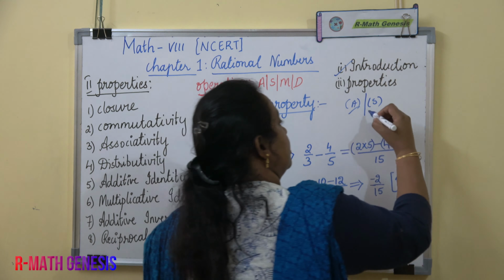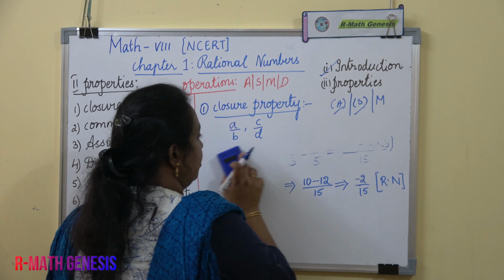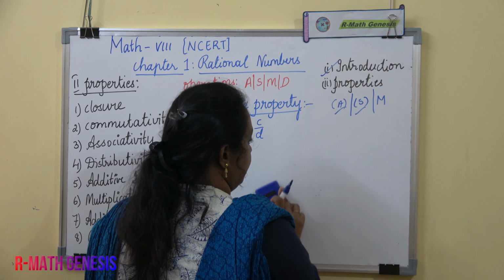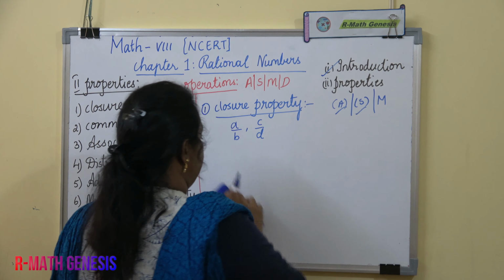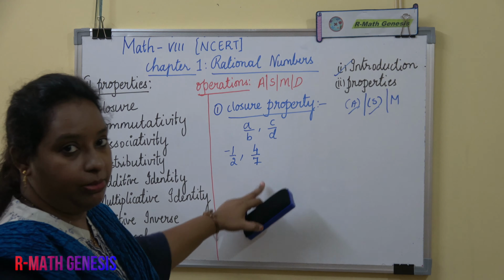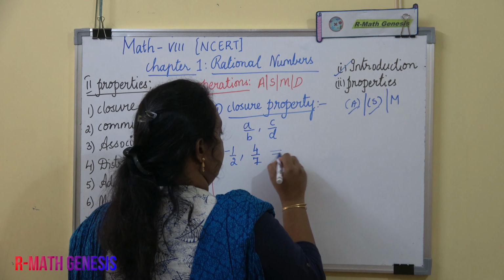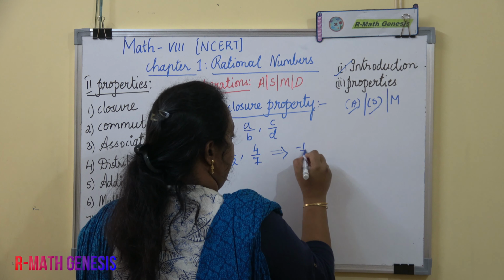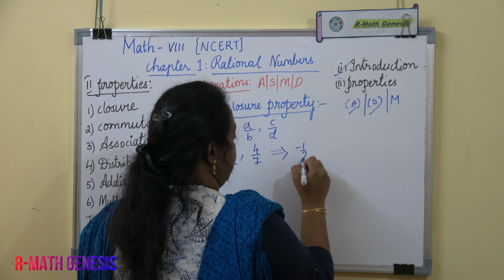Now we'll check with multiplication. This time let me check some different numbers. For example, I'll take minus 1 by 2 and 4 by 7. I'll check the multiplication of these two numbers: minus 1 by 2 into 4 by 7.